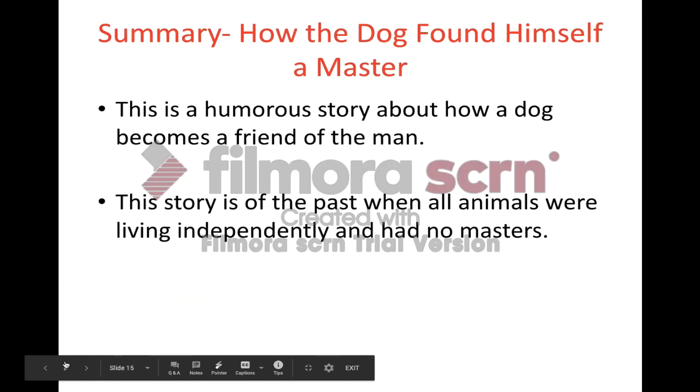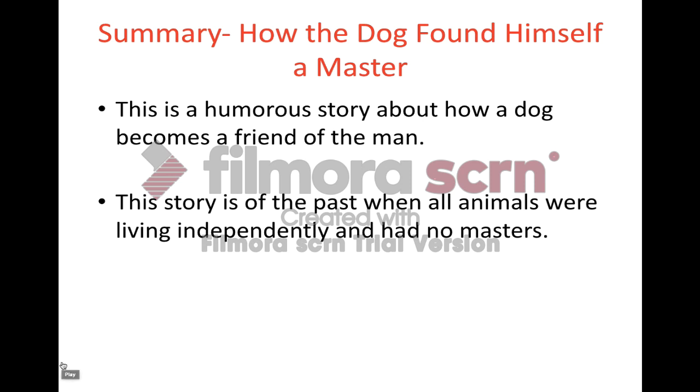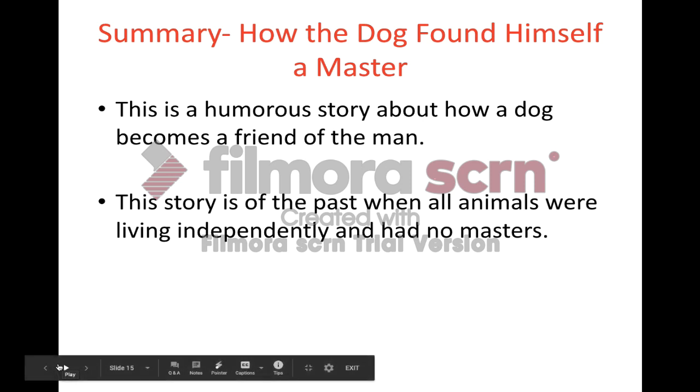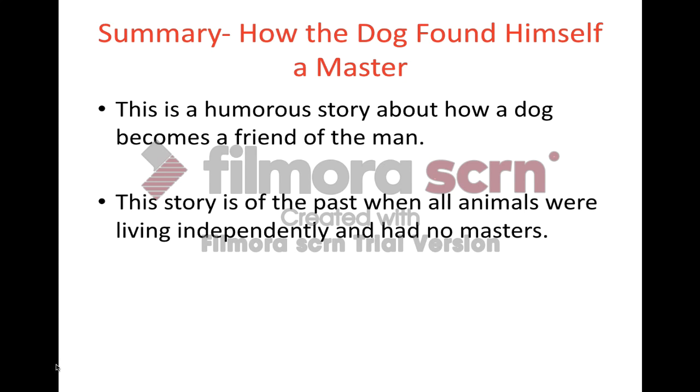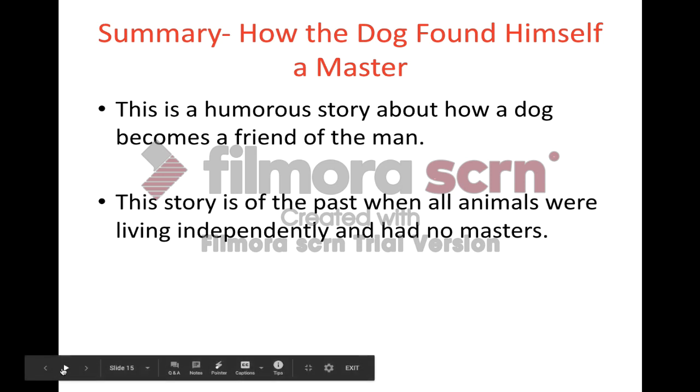Now let us have a look at the summary of our story, How the Dog Found Himself a Master. This is a humorous story about how a dog becomes a friend of man. The story is of the past when all animals were living independently and had no masters.